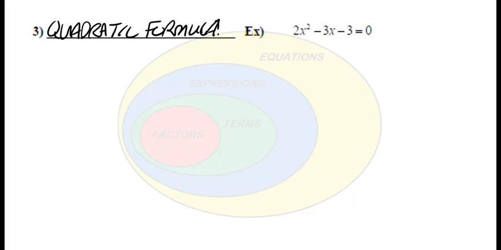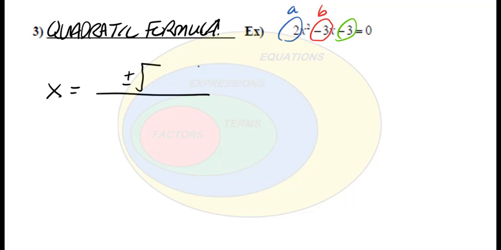So again, when it's in standard form, we want to recognize the coefficient of x squared is a. The coefficient of x, in this case is -3, would be b, and then the constant is -3. So applying the quadratic formula, we would have x equals, we have that big fraction bar, plus or minus, and then the square root.